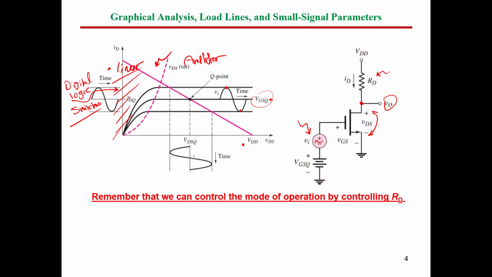The DC component is the value of VDSQ that we have, which is capital V DS.